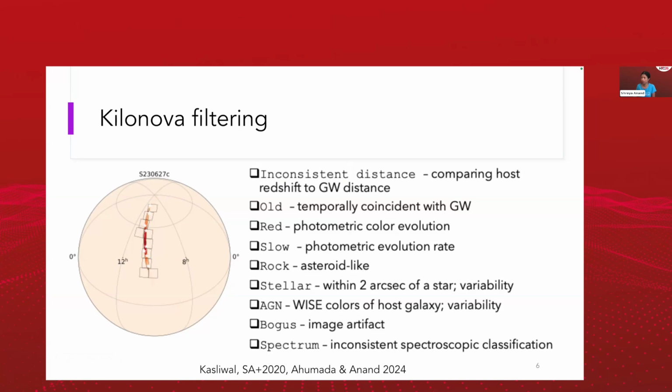The different steps that we took to perform filtering include spatial and temporal coincidence with the gravitational wave event, filtering on light curve properties, so checking whether something is reddening like a kilonova, checking whether or not it is too slow to be consistent with a kilonova, and then filtering out additional types of contaminants that we can reject, so that we only focus our valuable follow-up resources on candidates that we believe to be looking and evolving very kilonova-like.